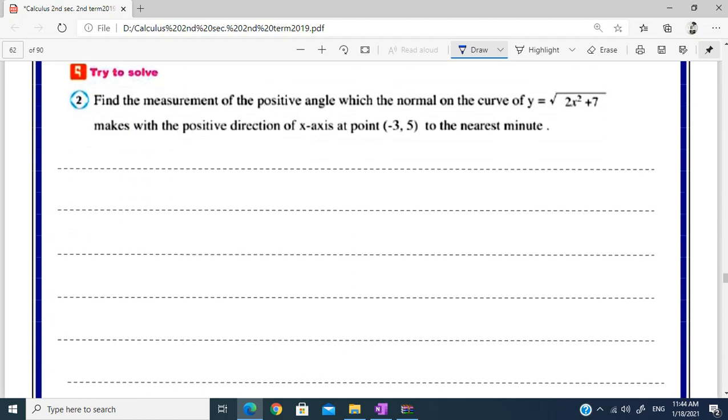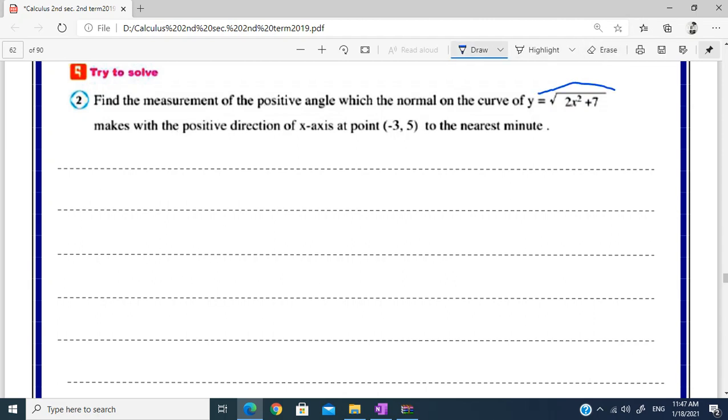Another example: find the measure of the positive angle which is the normal of the curve, y equals root of 2x power 2 plus 7.